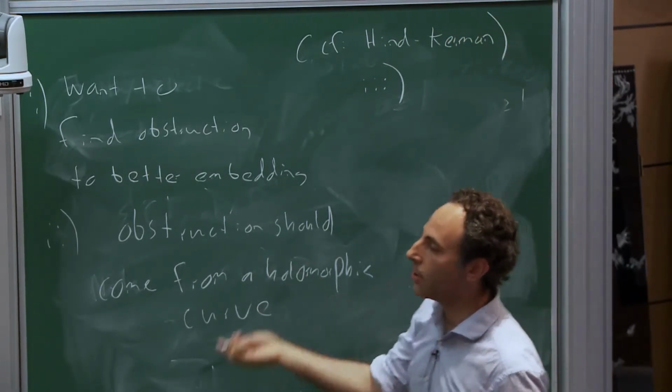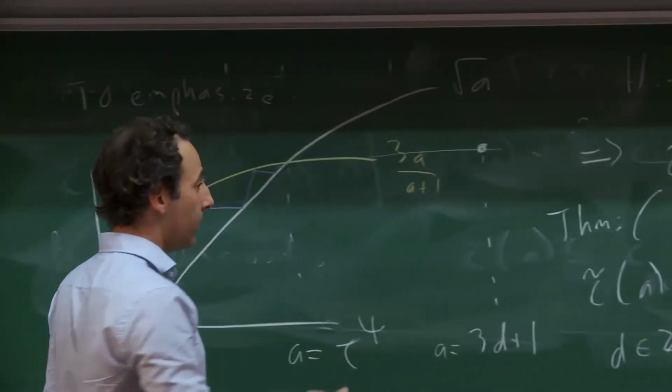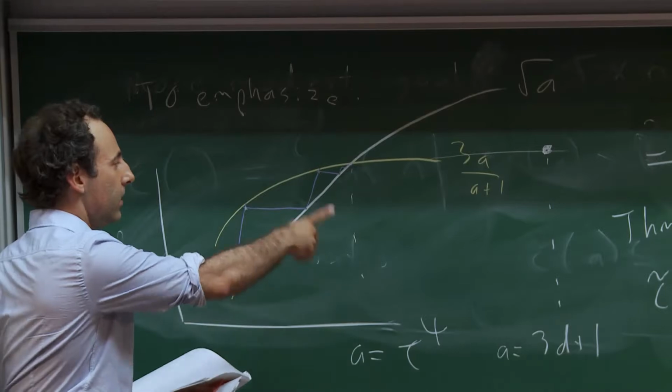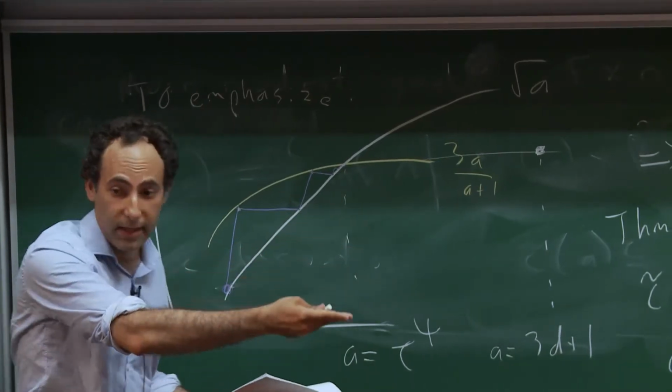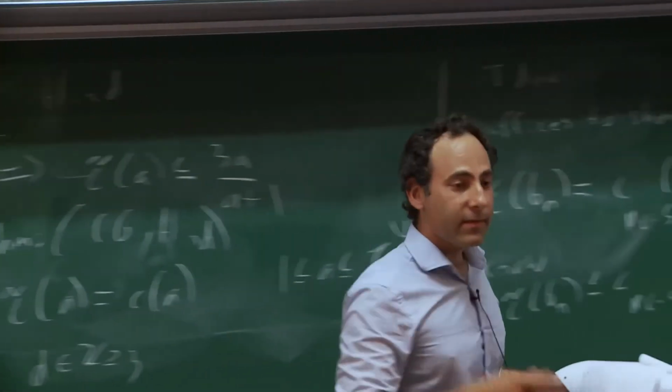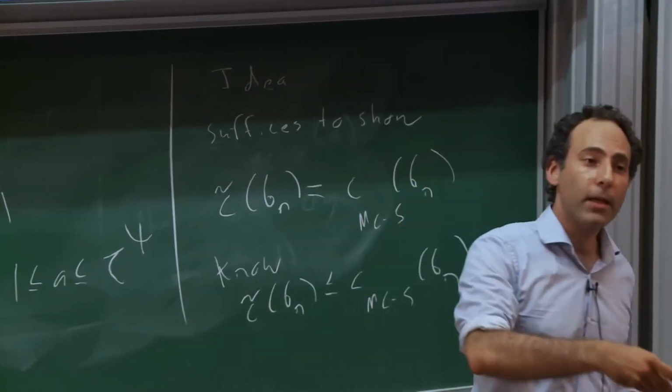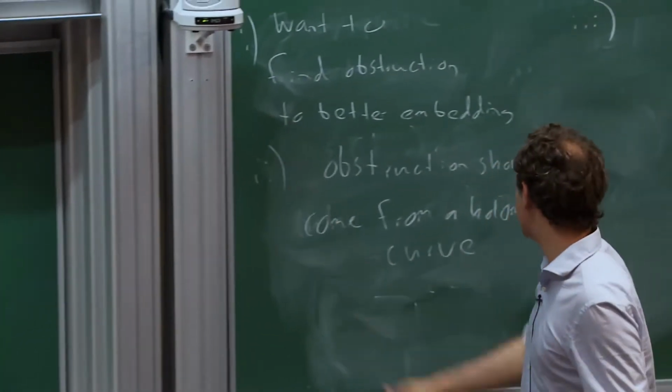And this is where we use the Hein-Kerman argument. You should think of the curve as living in the completion of some cobordism of high dimension. In this case, it can really have any even dimension. So we want to find some holomorphic curve living in a completed symplectic 2n manifold.